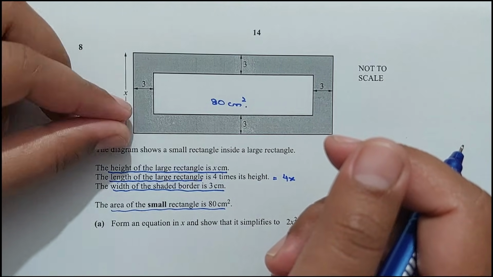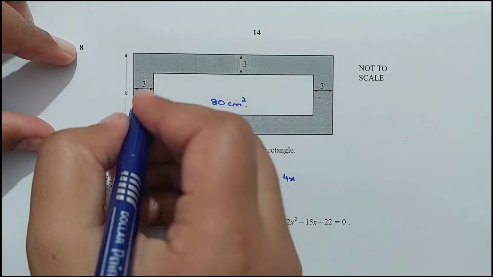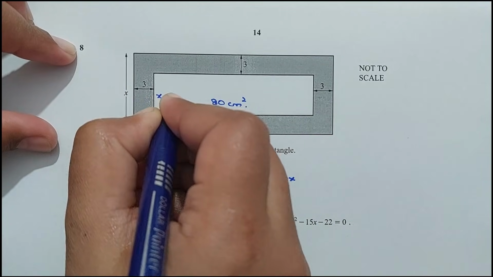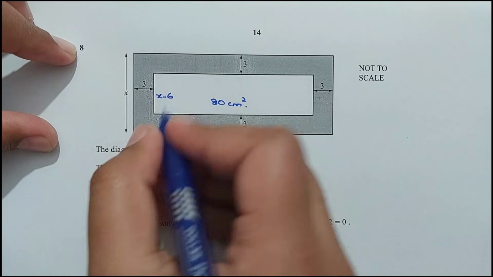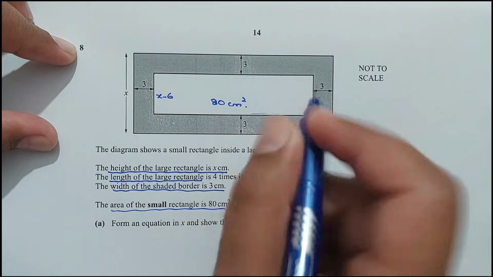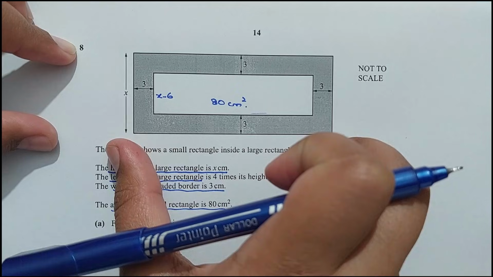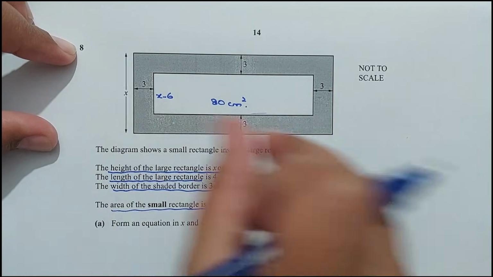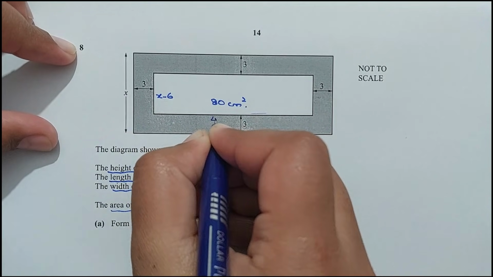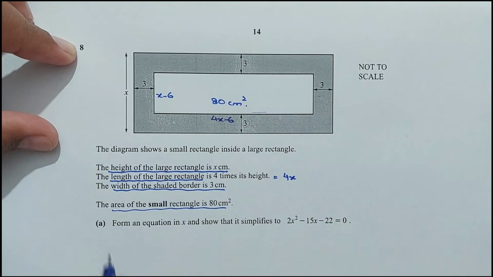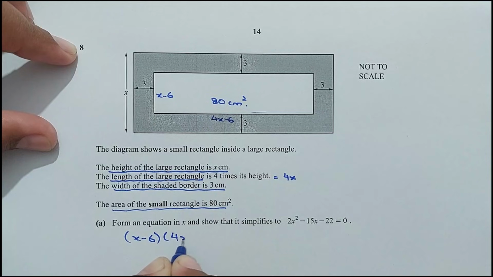And this is 3, this is 3. So this would be x minus 6. This whole length is 4x. This is minus 3 minus 3, so this is 4x minus 6. So we can say x minus 6 and 4x minus 6.